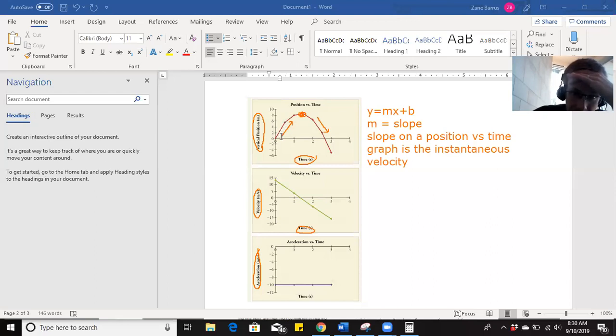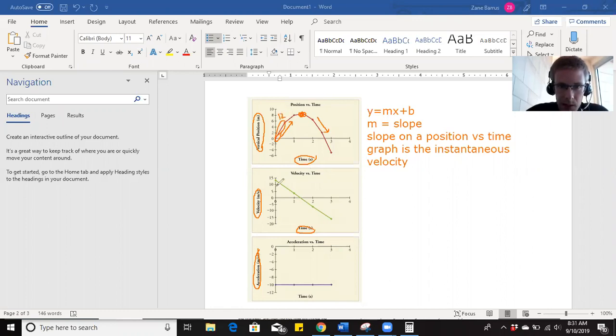For this straight line segment right here at the very beginning, it's going up about 6 meters in about half a second. 6 divided by 0.5 gives you 12. So if you were to calculate the slope of this little straight line segment, your slope would be about 12.